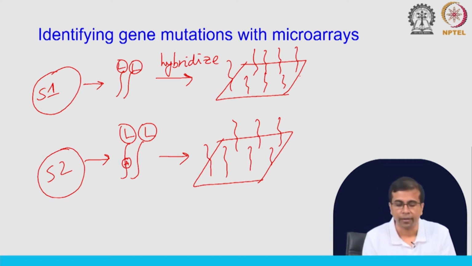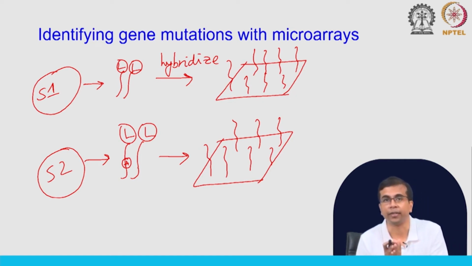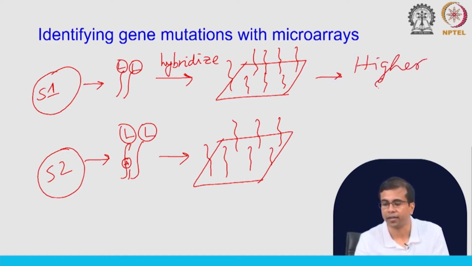Compared to that, because there is a mutation, this will disturb this hybridization process, because the mutation is not complementary. The part before and after this mutation, they are complementary to the probe, but this mutation is not. So, this will disturb the hybridization process, which means you will get lower signal. Okay. So, you will get higher signal here. In case you have stronger hybridization, you will get higher signal.